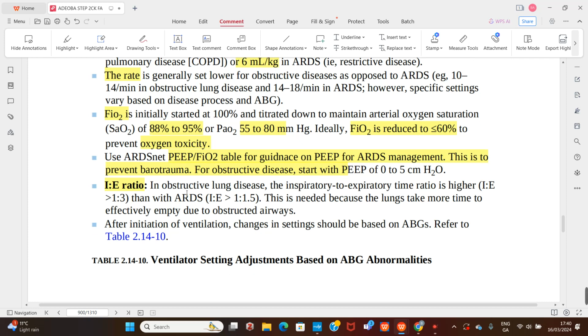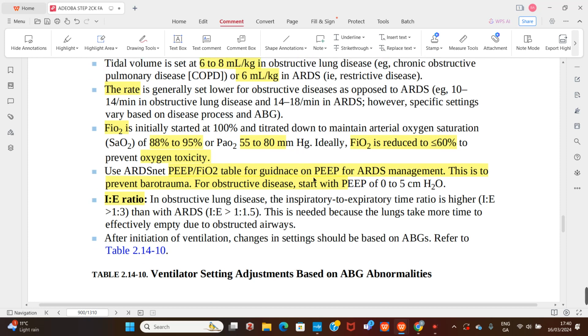But at the same time, you also don't want to over-PEEP, because if you over-PEEP, they can be tilted towards barotrauma. Barotrauma means pressure damaging the alveoli due to over-PEEPing. Some people can be exposed to barotrauma due to over-PEEPing or due to high plateau pressure. We'll get there.